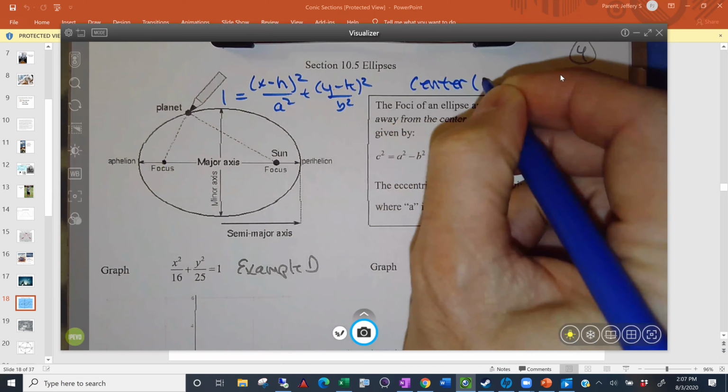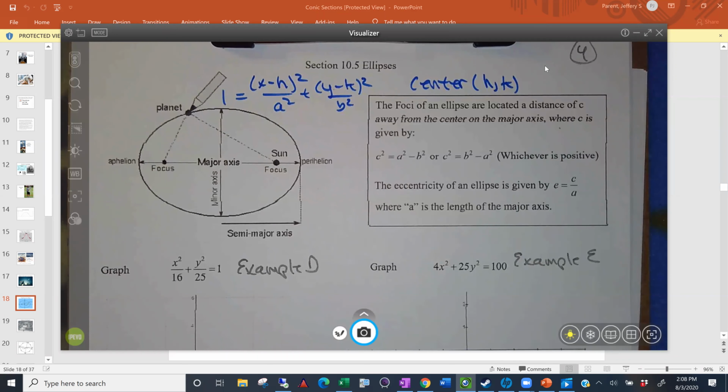Now, the major axis is the longer of these two. a and b have to have different lengths, because if they have the same length, then basically you're going to have a circle. So I'll give you a moment or two to jot that down, and you can jot that down while I get up our little demonstration that talks about this. That's going to be the Desmos link that I put in the chat.